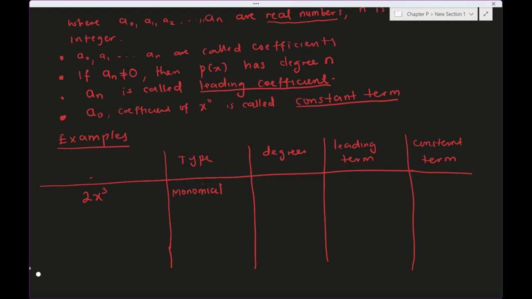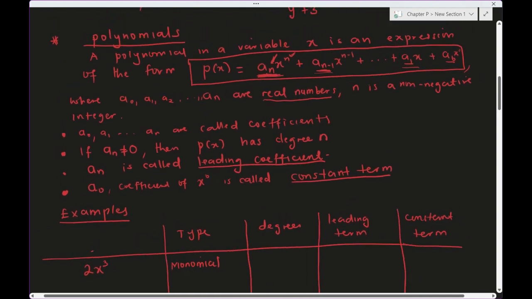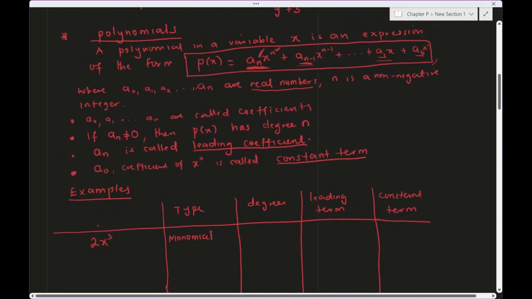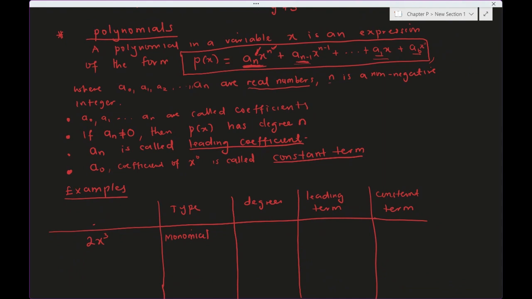It satisfies our definition of being a polynomial because n has to be a non-negative integer. So n is 3, a non-negative integer, and this is the only power. And the coefficient is a real number. So this qualifies to be called in this category.